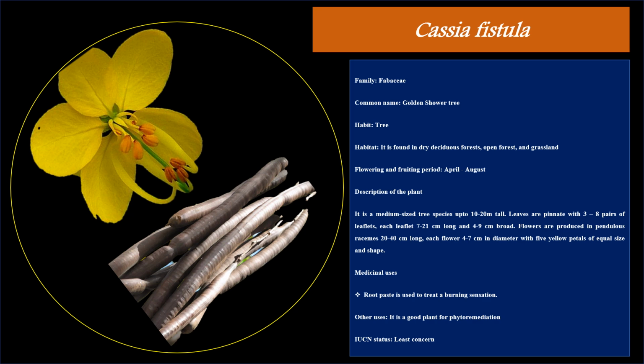So apart from being ornamental, or you can say a feast to the eye, it has a medicinal aspect also. The root paste is used to treat a burning sensation, and it has some other uses too, such as it is a good plant for phytoremediation.